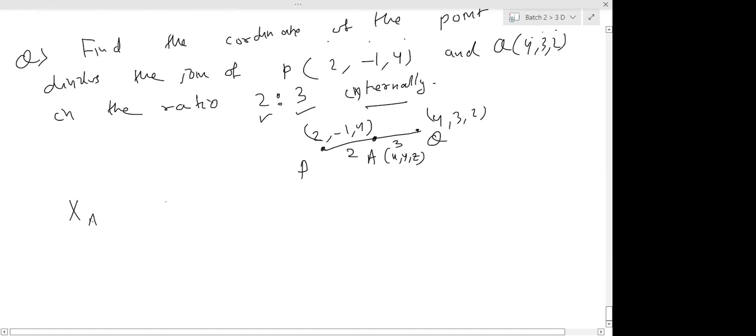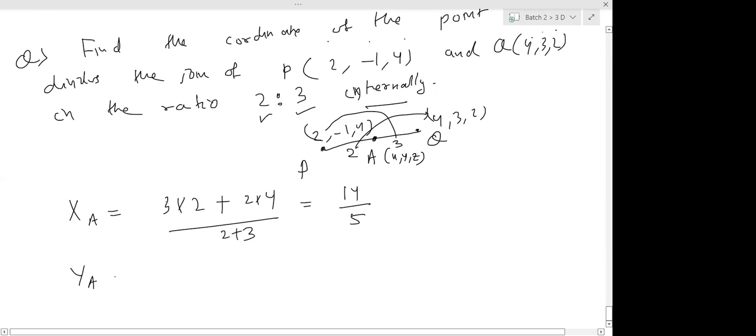So we know that x coordinate of A will be 3 into 2 plus 2 into 4 divided by 2 plus 3. This is equal to 6 plus 8, 14 upon 5. Y coordinate of A will be same method, 3 into minus 1, that is minus 3, 2 into 3, 6. That means 3 upon 2 plus 3, that is 3 upon 5.